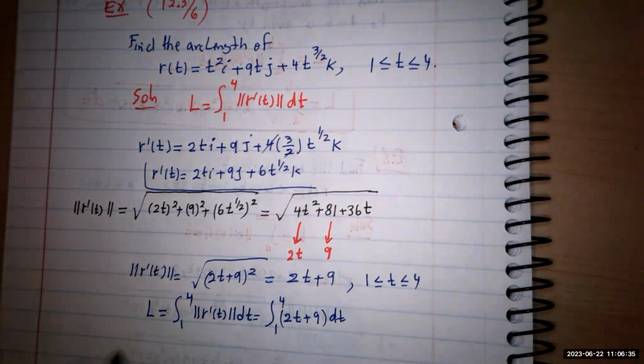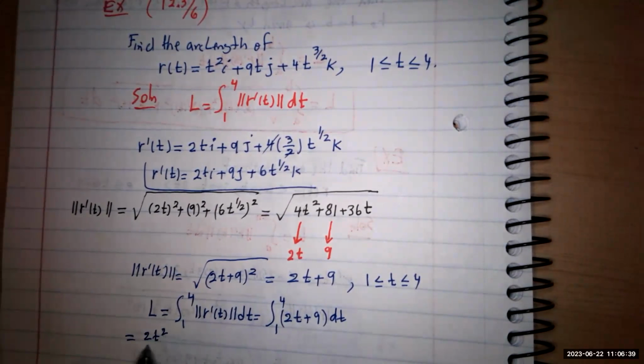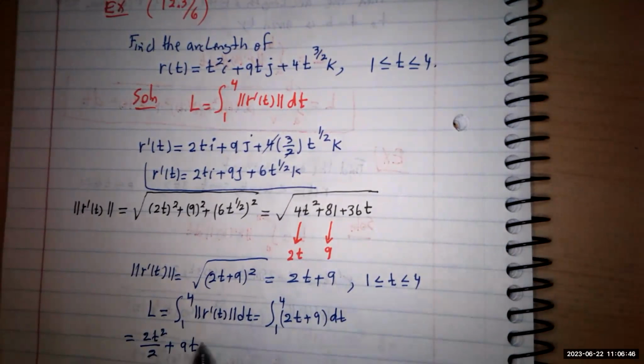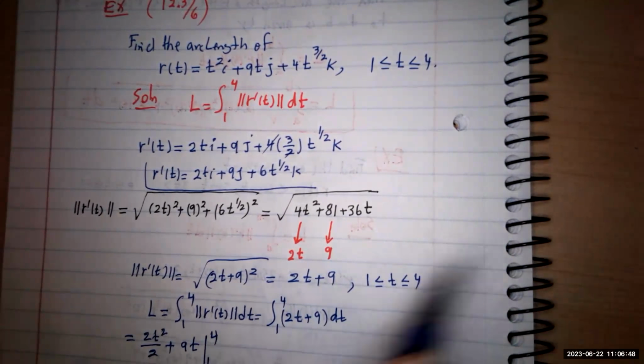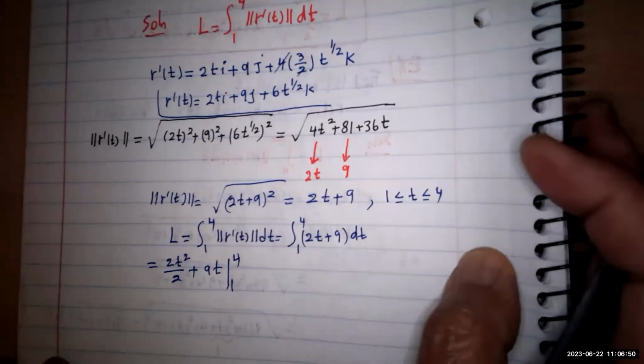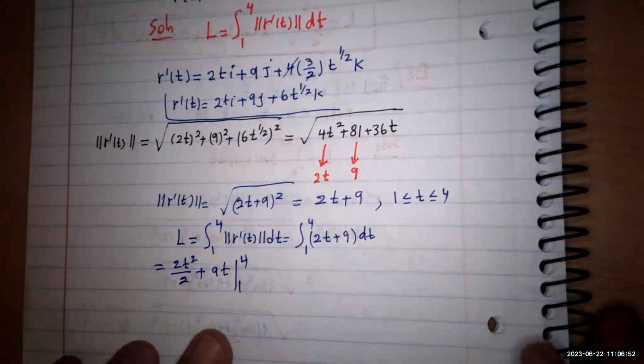So the integral is going to be equal to 2t squared over 2, and plus 9t. It's a definite integral, going from 1 to 4. Just substitute and get the final answer.